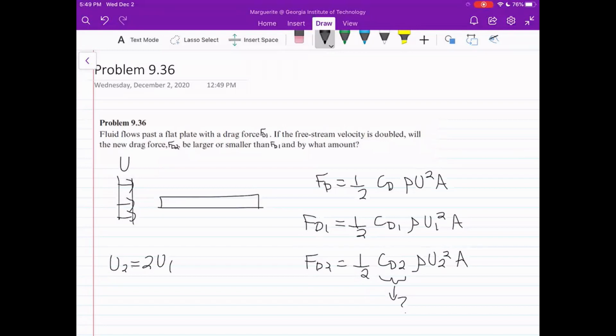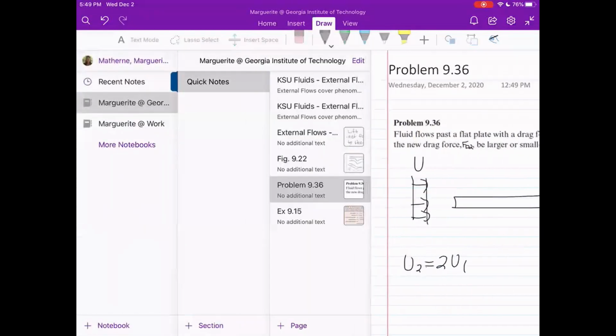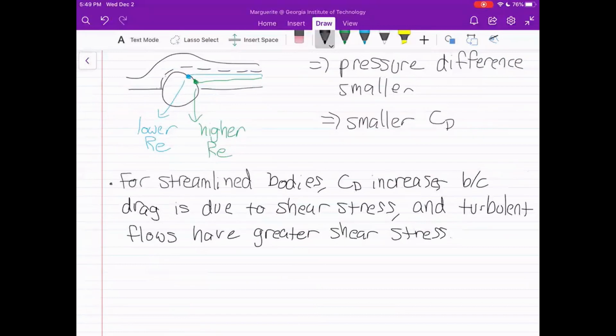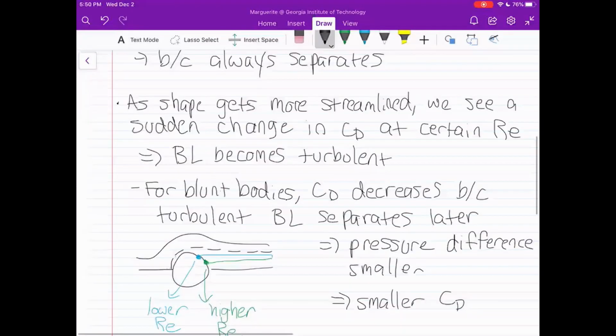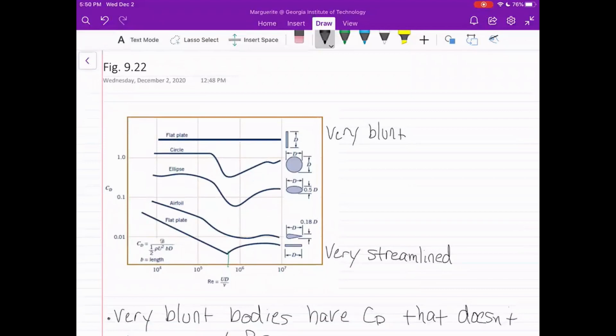David, could you post the link to the poll again? Actually, I think I have it. There we go. I just put the link for the poll again. And my question for you, using this figure that we just went over: how do you approximate CD if the velocity is doubled?